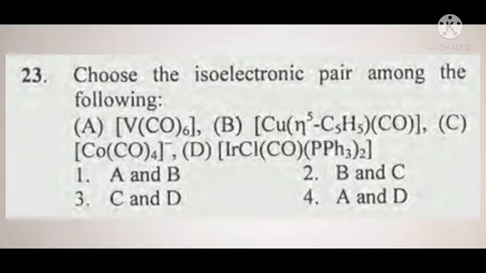So you must choose the isoelectronic pair out of these four complexes. This question is coming for 2 marks, which means it is related to your Part B. Understand? Okay, so let's do the solution of this question.